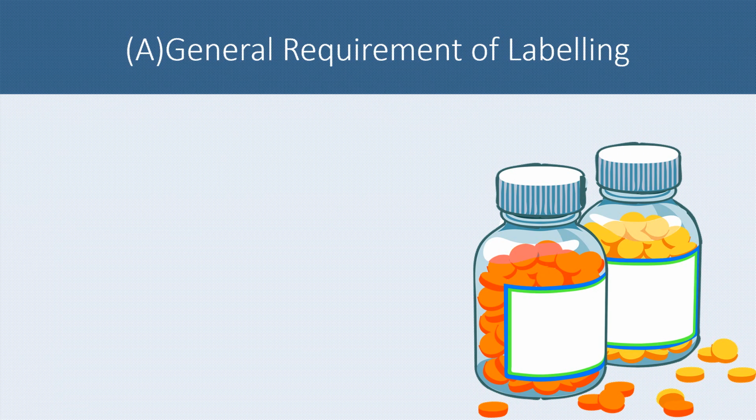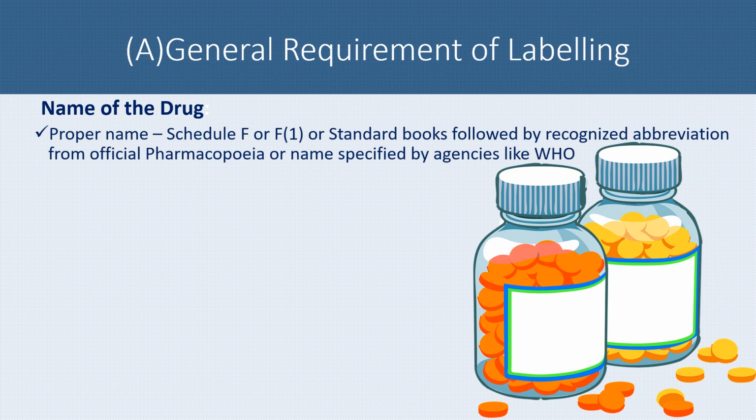Now let us see the general requirements of labeling. First one, the name of the drug. Under that, there should be a proper name, proper name as per Schedule F or F1 or standard books, followed by a recognized abbreviation from the official pharmacopoeia.